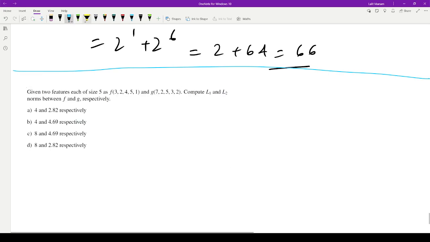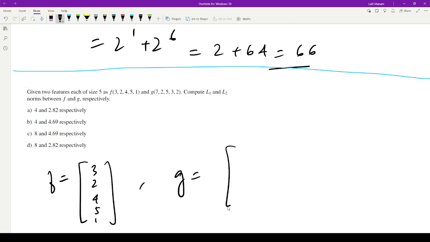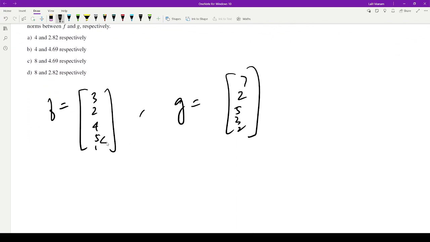So this is the last question for our session. We are given two features, f as 3, 2, 4, 5, 1 and g as 7, 2, 5, 3, 2. I'll denote each element as f i and g i.